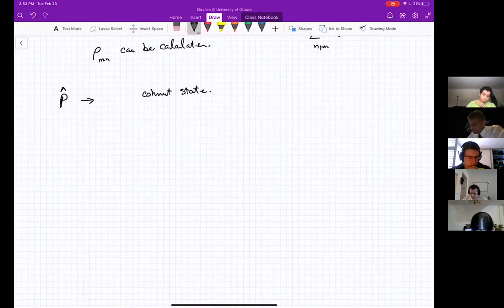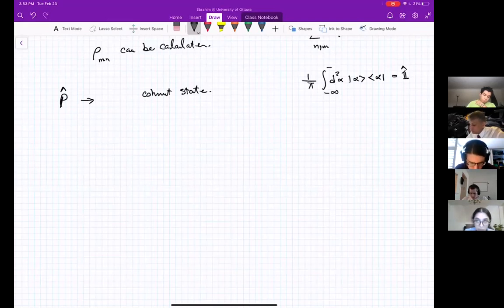Just to give you a hint, if you don't remember, for the coherent state there was the completeness relation, where alpha is changing from minus infinity to plus infinity. Okay, let's do that together.